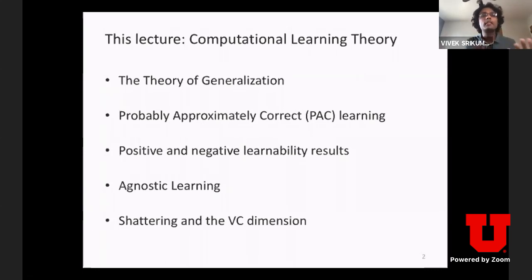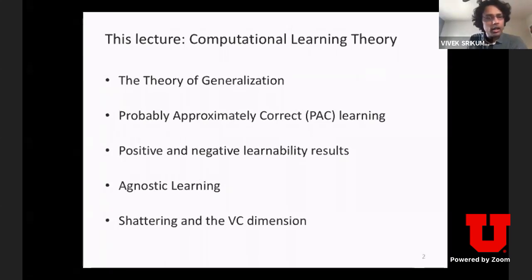Some concept classes are learnable in the sample complexity sense, but not in the time complexity sense. Some concept classes are not learnable even in the sample complexity sense. So that just means that we need to do something else.